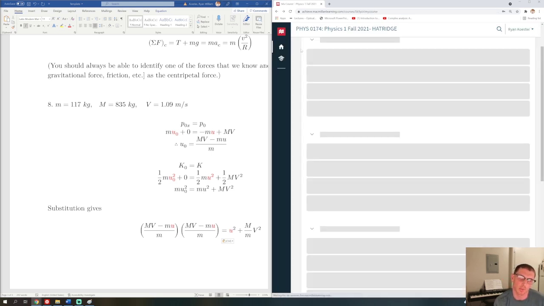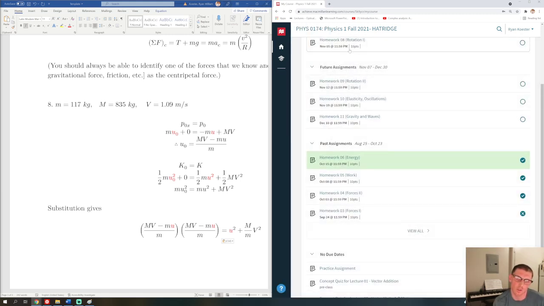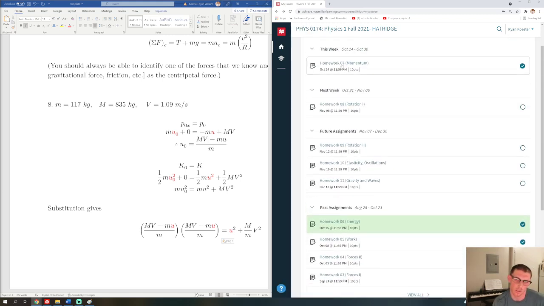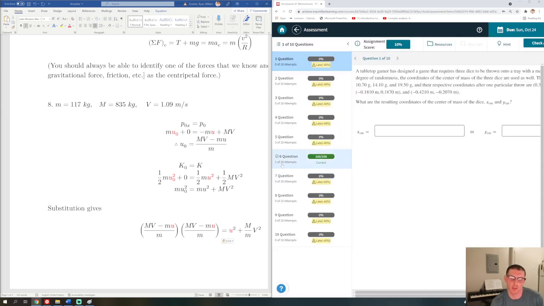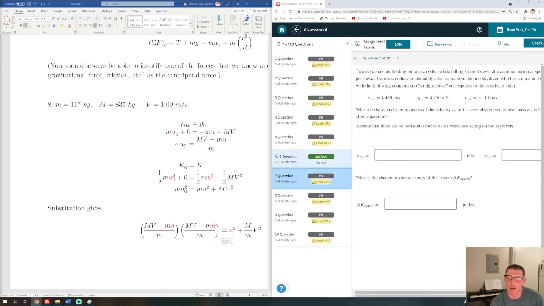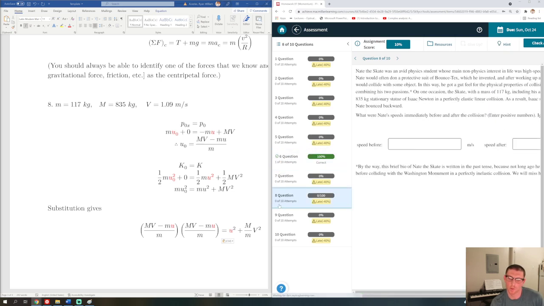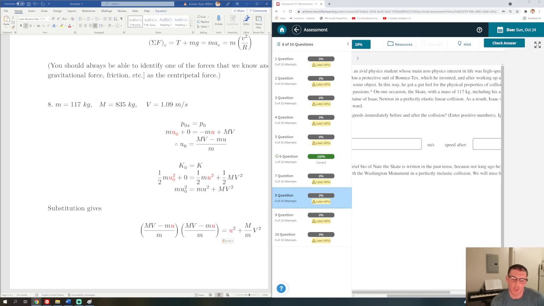Okay, let me just wrap up the discussion about the one with the collision though. You can't assume that he bounces back with the same speed. Especially because they ask you to solve for it. They say what is the speed after, so you can't assume it's the same.